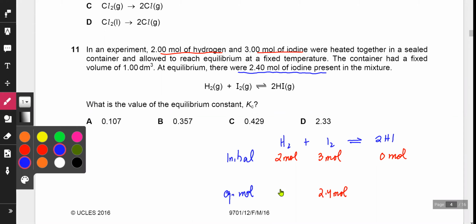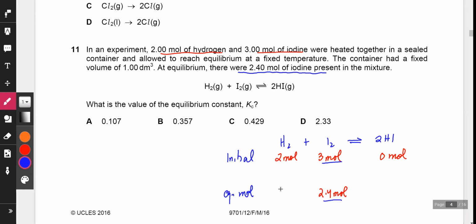So if initially you added 3 moles, and after some time at equilibrium you're getting 2.4 moles, that means 0.6 moles are missing, and that means 0.6 moles must have reacted.